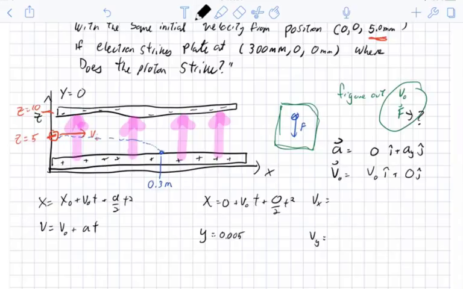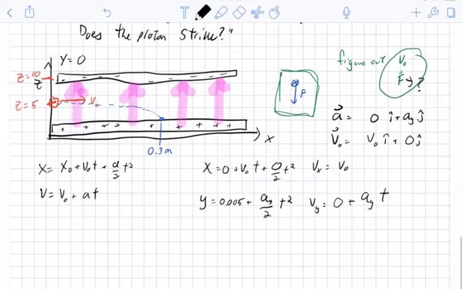The initial velocity in the y direction is 0, and I don't know what the acceleration is. The velocity in the x direction is going to be constant because there's no acceleration, and the velocity in the y direction is going to be 0 minus or plus ay times t.